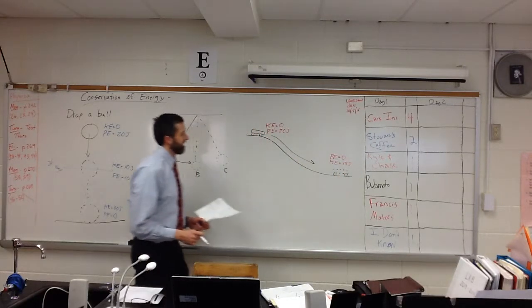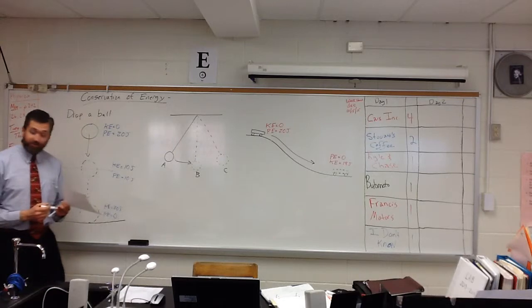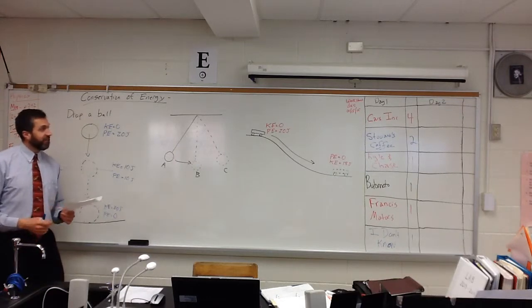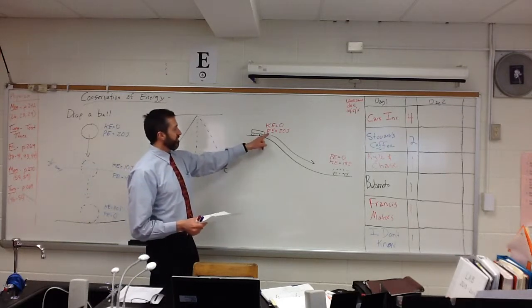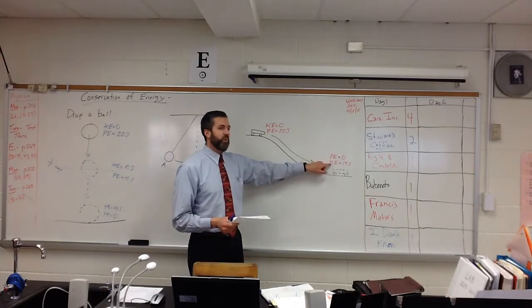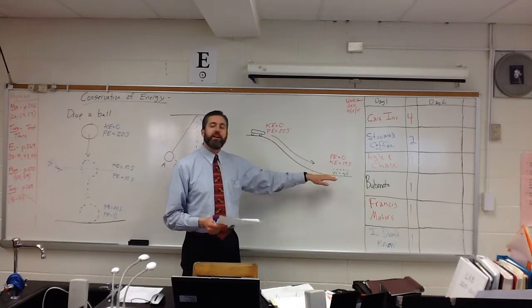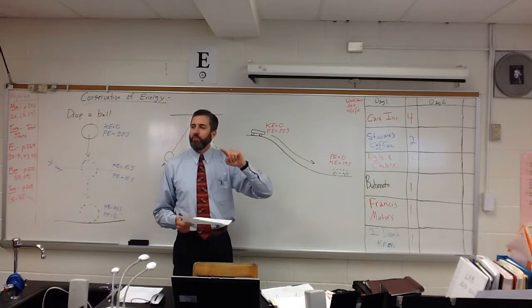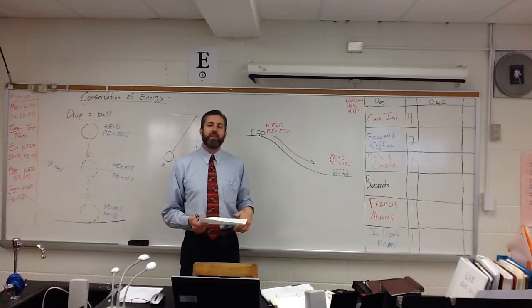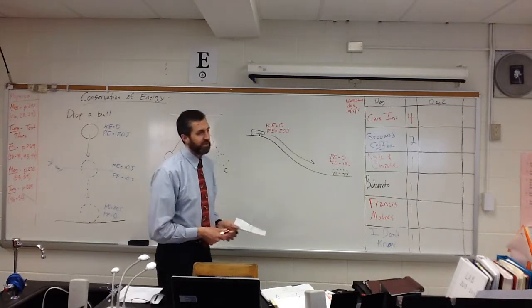Why would I do that? Well, I would do that because that would be realistic. In actuality, if that's 20 up there, you don't get exactly 20 down here if you're rolling something down a ramp, because some of the energy went somewhere else. And where'd that go? That's the question.